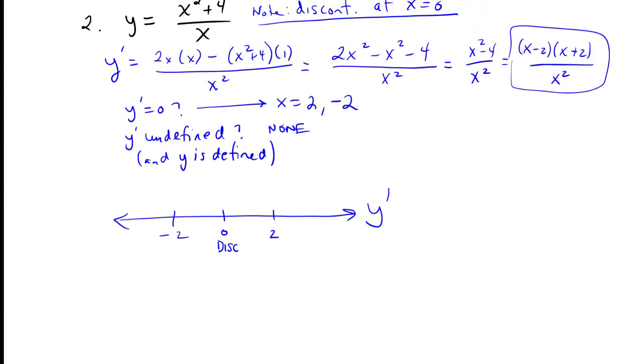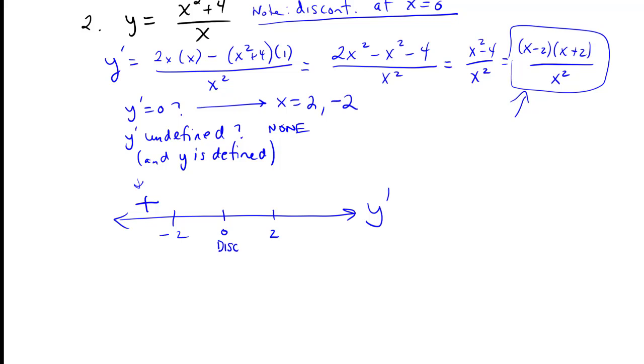All right, so let's go back to our nice factored derivative there. And so I want to look at what sign I get when I plug in some numbers. Now the denominator there isn't going to change anything because it's x squared, so I'm looking at the numerator. So if I go into the interval here that is less than -2, if I put -3 in, I would get a negative times a negative, so I'll get a positive overall.